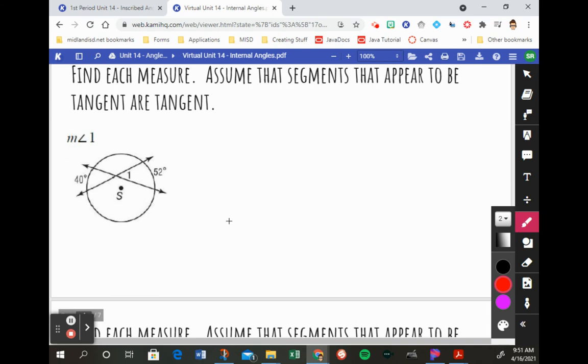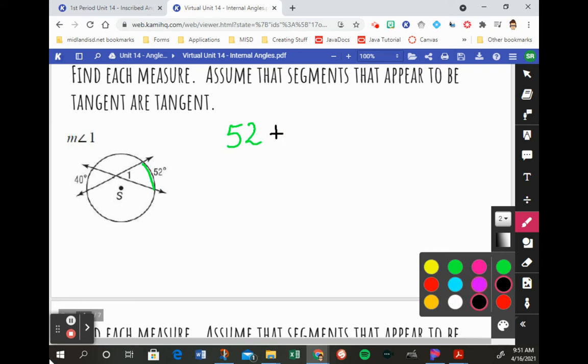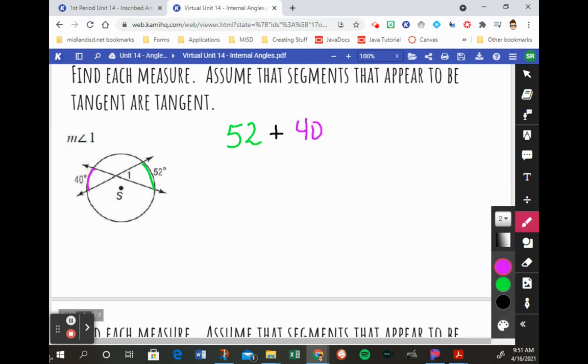So the measure of angle 1. Let's see, I like green. So angle 1. So we take this arc right here, and we take 52 plus this little arc over here, plus 40, divided by 2. You're going, well, that looks like an average. You're right.